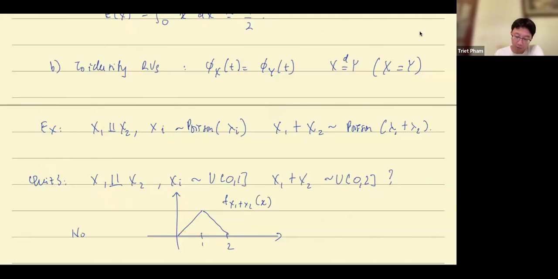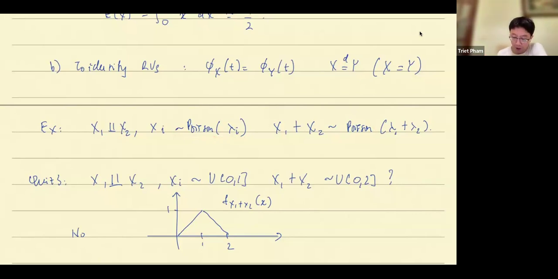And so basically, the fact that you can sum two random variables of the same family and get back the same family is, as far as I know, extremely rare. The only other similar random variable is the normal.